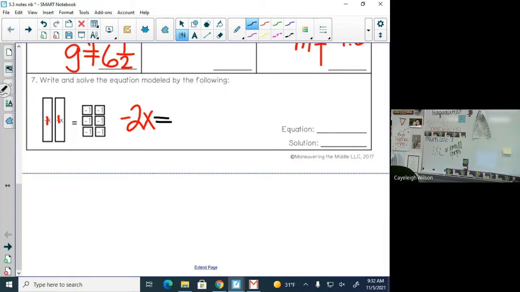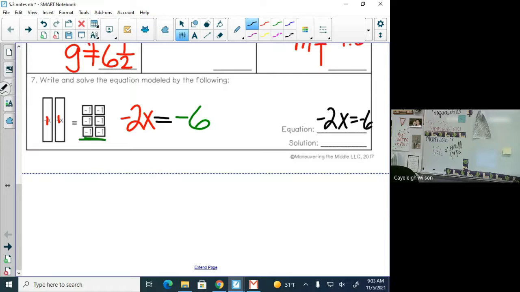And then over here, this is negative 1 plus negative 1 plus negative 1 plus negative 1 plus negative 1 plus negative 1, which is negative 6. Okay, so they're just giving it to you as algebra tiles, and they want you to write it as an equation. So I'm going to come over here and put that that's negative 2x equals negative 6.